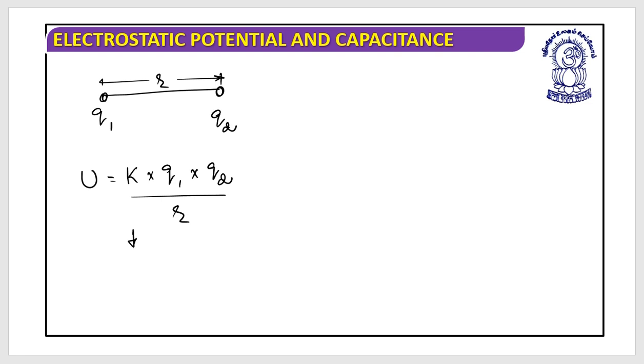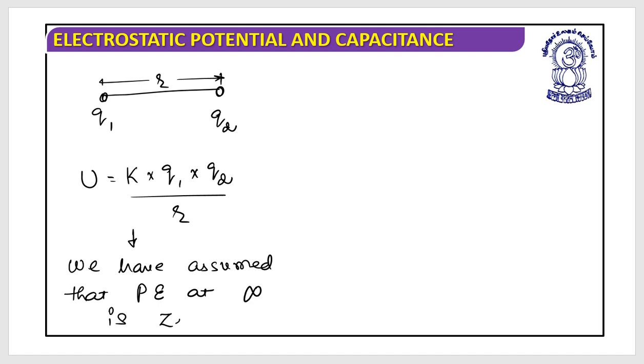We can write this when we have assumed that potential energy at infinity is 0. So this is the potential energy when only two charges are there.